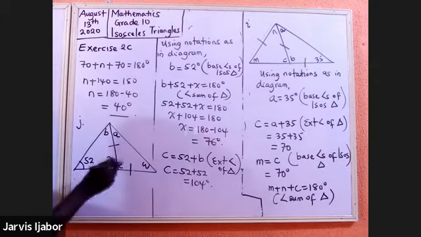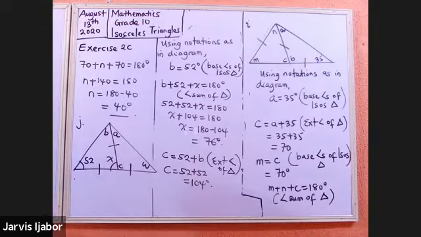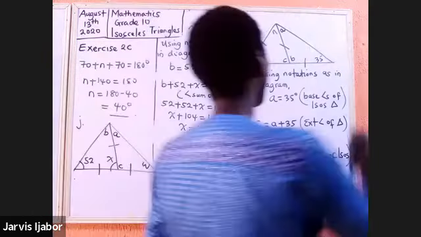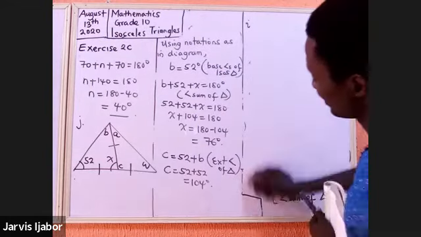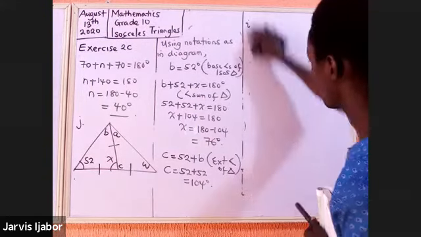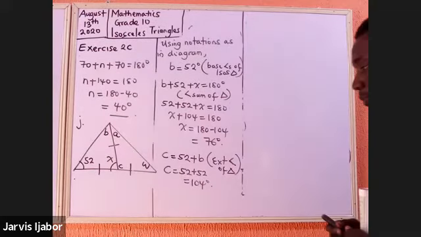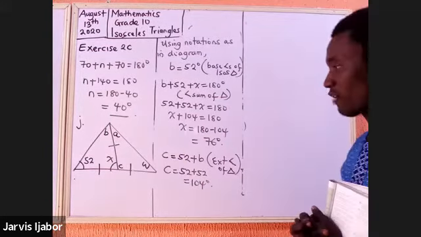So C is 104 degrees. Although there's another way we would have gotten that, would have just said angle on the straight line. That's the interesting thing with this aspect of maths. There's no particular method. There are options. What exists in this area of maths are options you can use. So I've gotten C to be that.